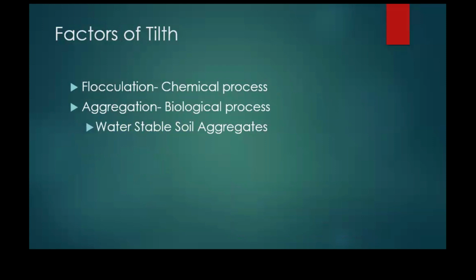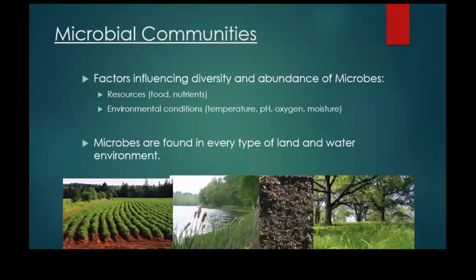There's going to be microbes present in any environment, in soil or water or air even. What influences what organisms grow there? The resources that are there, food, nutrients, environmental conditions, such as pore space, but also pH, temperature, oxygen, moisture.